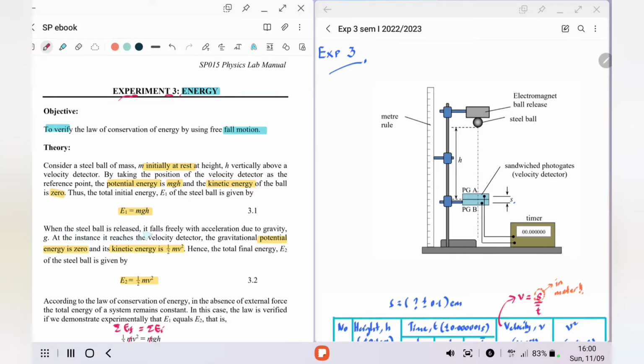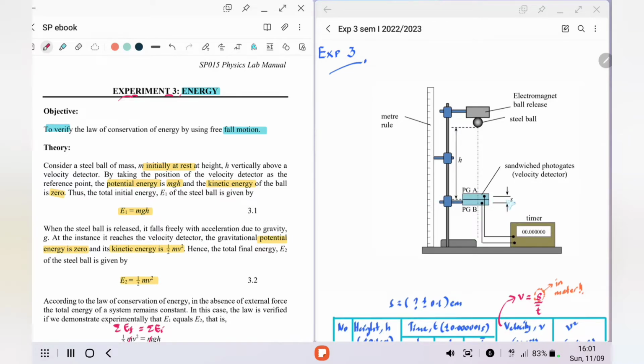When the steel ball is released, it falls freely with acceleration due to gravity g. At the instant it reaches the velocity detector, the gravitational potential energy is 0 and its kinetic energy is half mv squared. This is our initial position and this is our final position. Taking the final position as our lowest point, h equals 0, so mgh equals 0 because the ball has reached the minimum height.